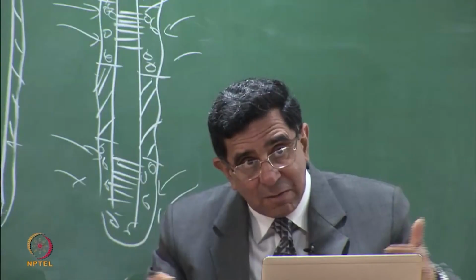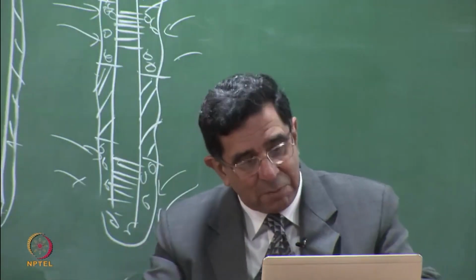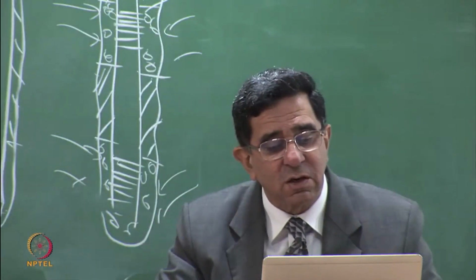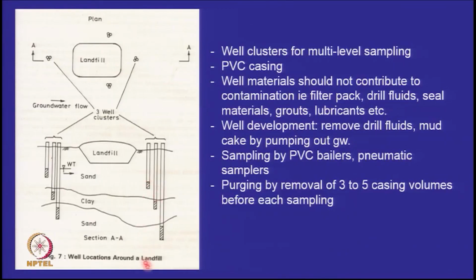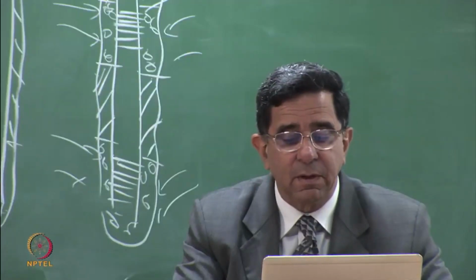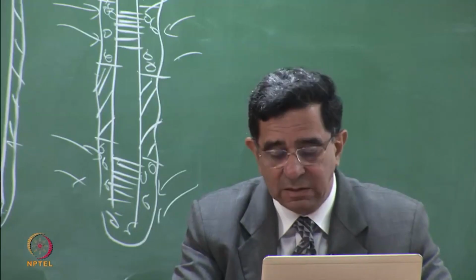Then the sample which has come inside is now representative of the sample which is coming from this location or this location. So purging has to be done by removal of 3 to 5 casing volumes before each sampling. So that is the way in which we extract the samples.